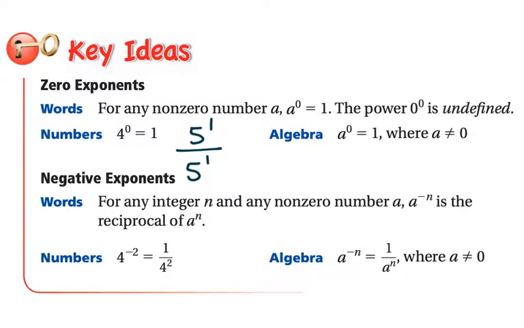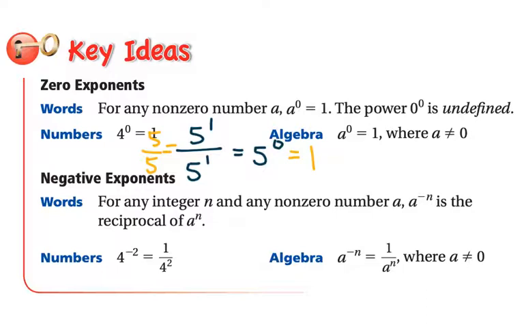Well, 1 minus 1 is 0, so this would be equal to 5 to the power of 0. Now, how does that help us understand why it's equal to 1? Well, let's actually evaluate these numbers, so I'm going to work backwards for a moment. What is 5 to the first power? Of course, that's 5. And 5 to the first power again is 5. And then we can see that clearly 5 divided by 5 is 1, which helps us prove then that 5 to the power of 0 is in fact 1, or anything to the power of 0 is going to end up in that same circumstance.